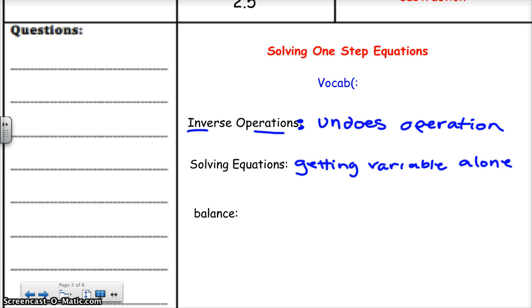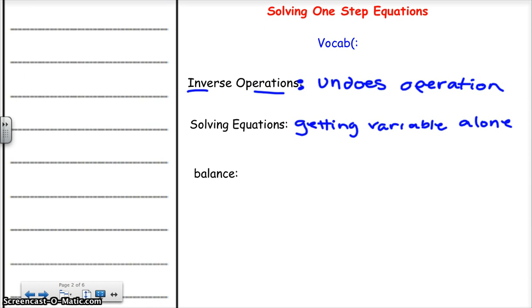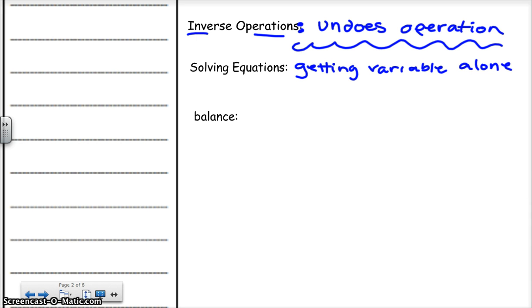Algebra is all about inverse operations and balance, because the main goal of algebra is to solve equations. When you solve, you want the variable by itself. How you get the variable by itself is applying inverse operations. And then the main heart of it is you have to keep things balanced. You can't just change things around unless you do it to both sides.